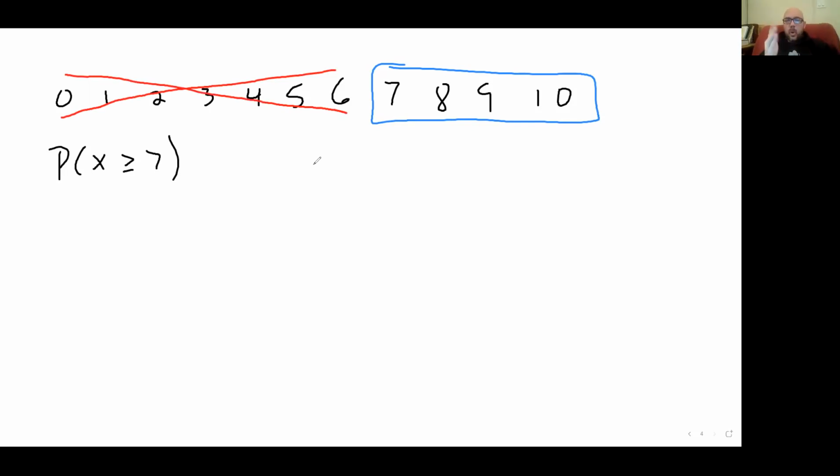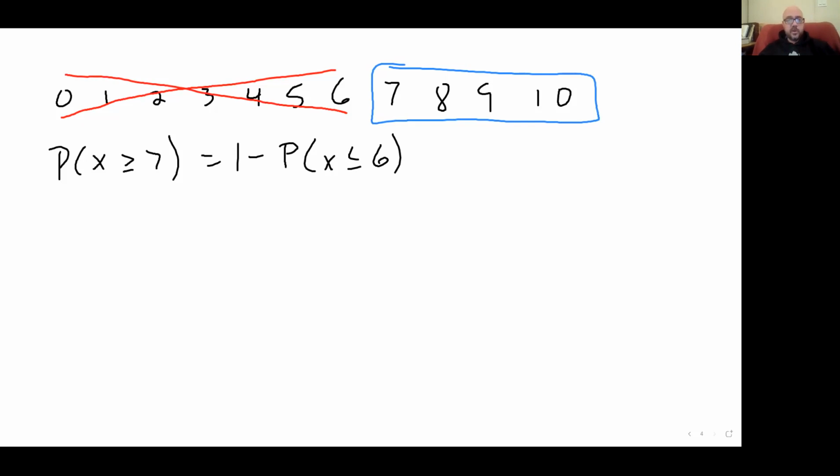So I'm going to do 1 minus CDF of 6, excuse me, I said that wrong again. So this is 1 minus the probability that X is less than or equal to 6, right? And that's what we're going to do, because when the calculator does CDF, it does less than or equal to.